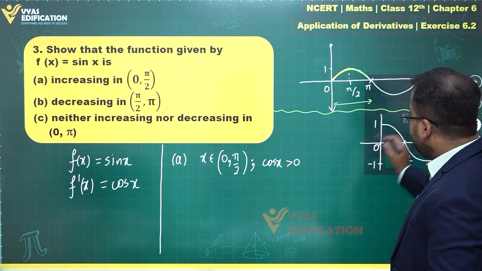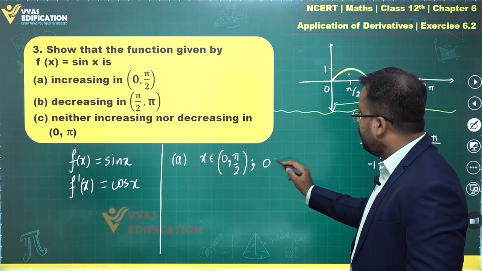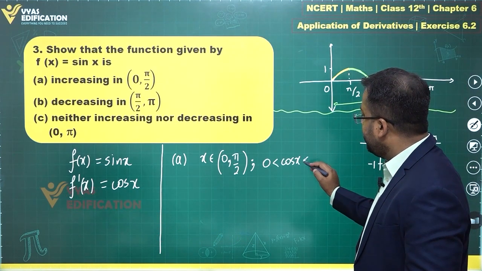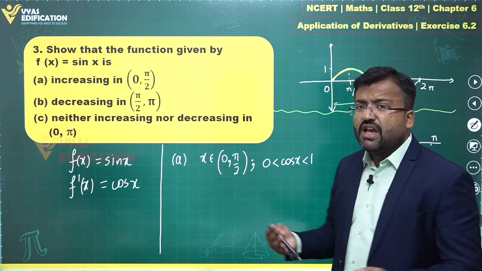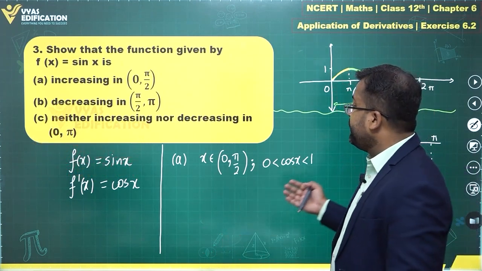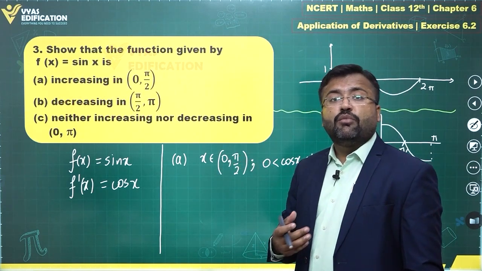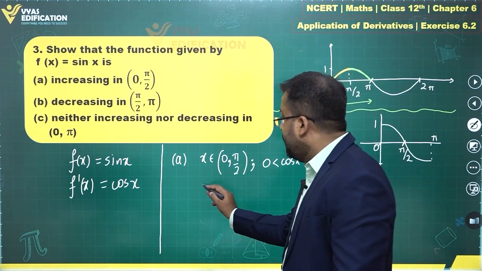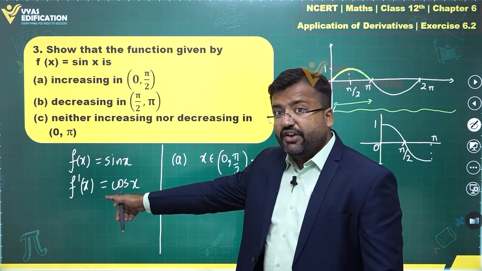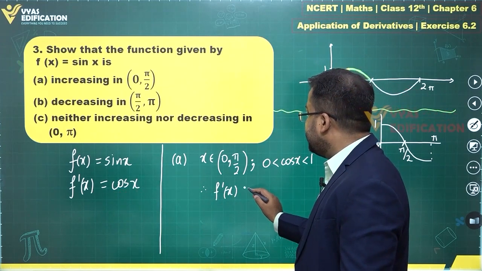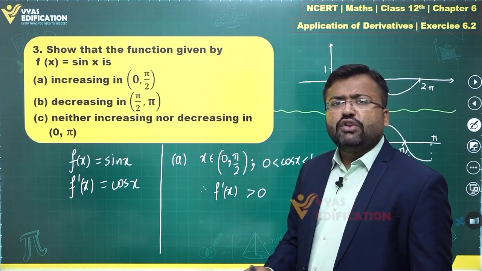You can write it as 0 is less than cos x is less than 1. We are only interested in the first part, by the way. We are not interested in less than 1 because greater than 0 suffices, right? So for x belongs to this, cos x is greater than 0. Therefore, the derivative function, that is f'(x), is greater than 0. So what can you comment about f(x)?